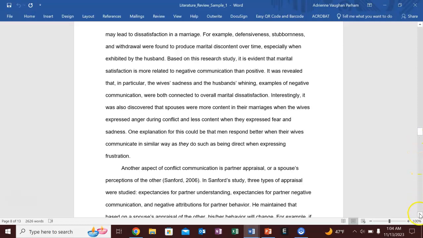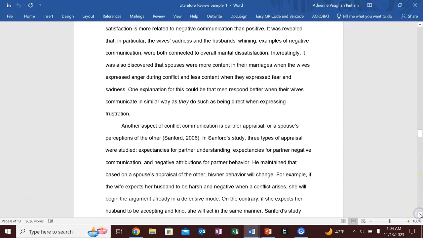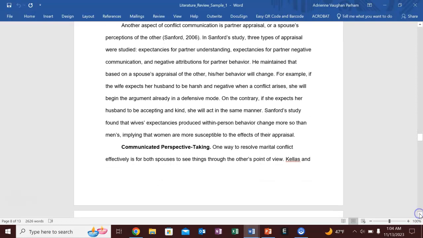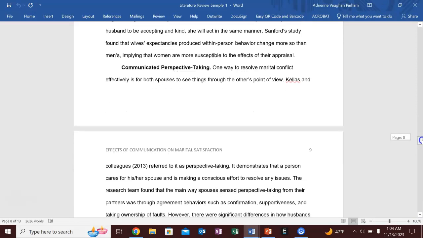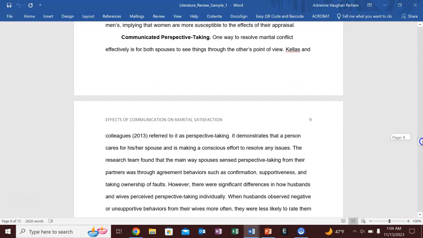So that is going to be the main focus when you're completing this literature review. You can rewind this or go back and review this particular video again in regards to your literature review so that you can implement this when setting up your research.